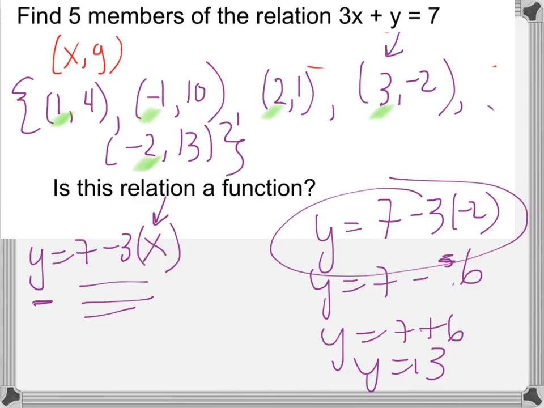So every particular x that I put in here, I'm going to come up with some y. So the answer is yes, this relation is a function because none of these first elements are going to be sent to two different places. Whenever I put something in for x, I'm not going to suddenly come up with 2 and 3 or 4 and 5.